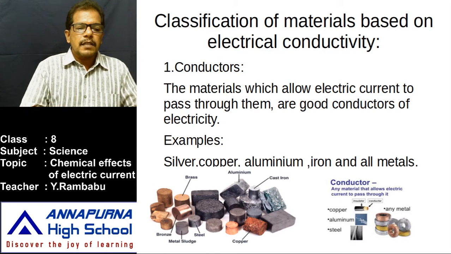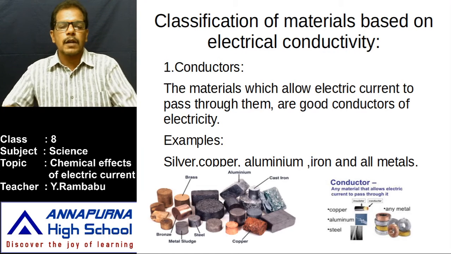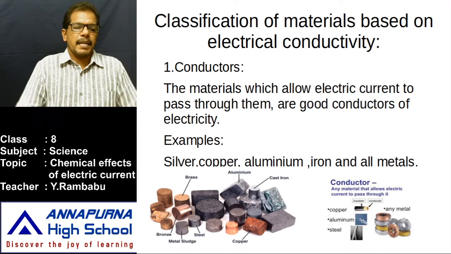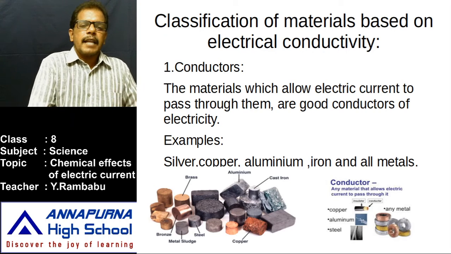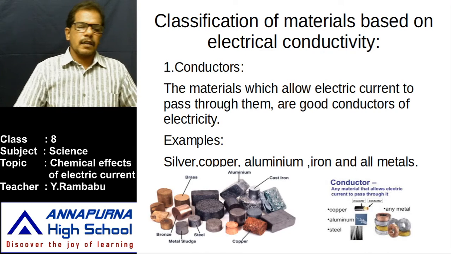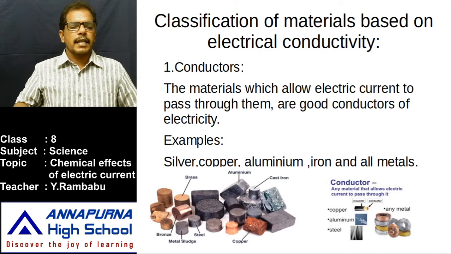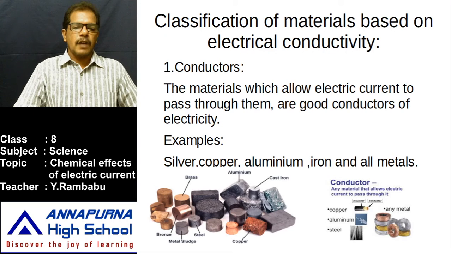Some more particles are also there which are still smaller than the atom: electrons, protons, and neutrons. What are they? Electrons, protons, and neutrons. These are subatomic particles. In some materials like metals, free electrons are there. While in some other substances, what we call poor conductors or insulators, electrons are there also, but those electrons are not free.